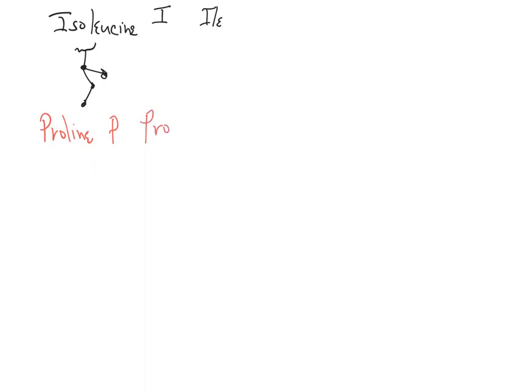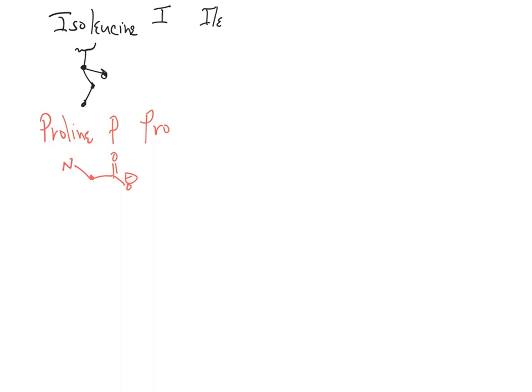Now, where it gets tricky is in its structure. All right, so this is the way that I would draw it. This is one where I draw out the backbone. Okay, so this is what the backbone would look like for amino acids.